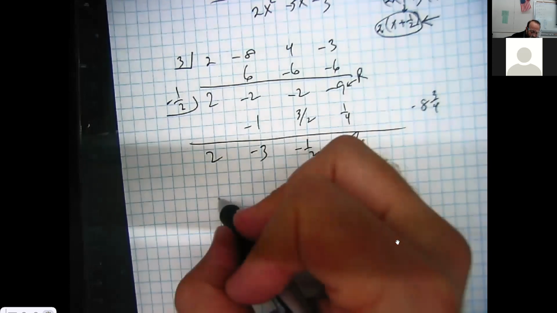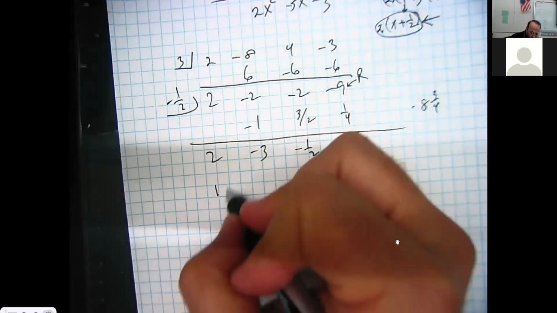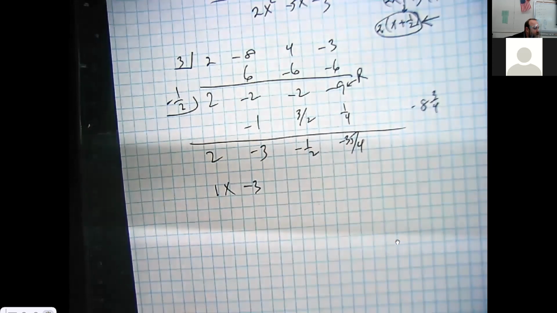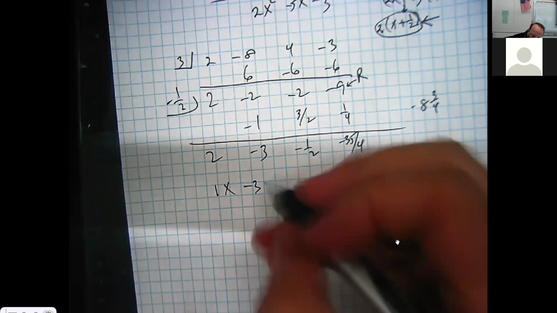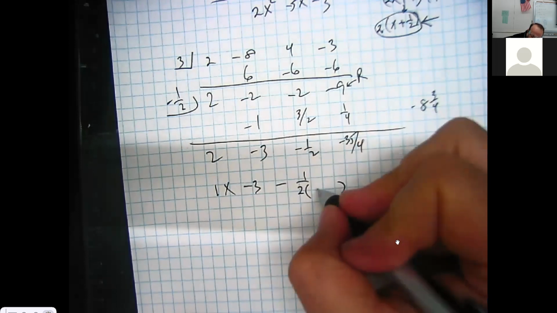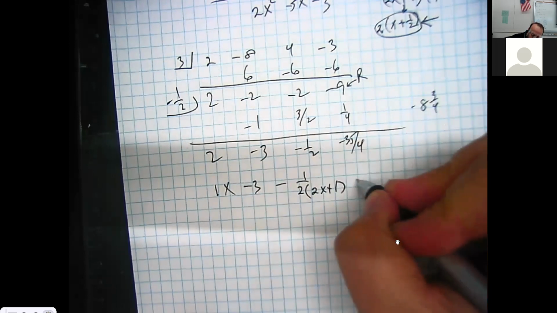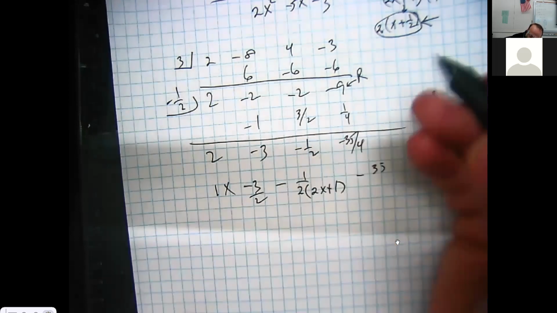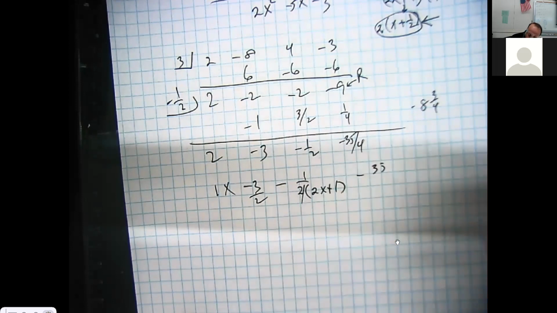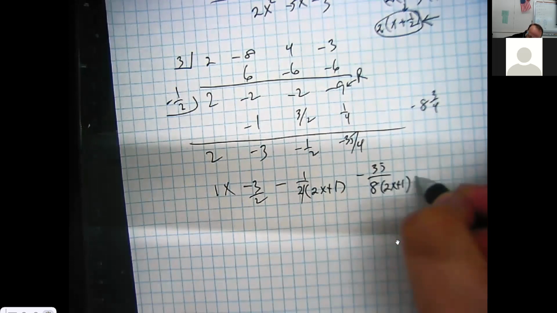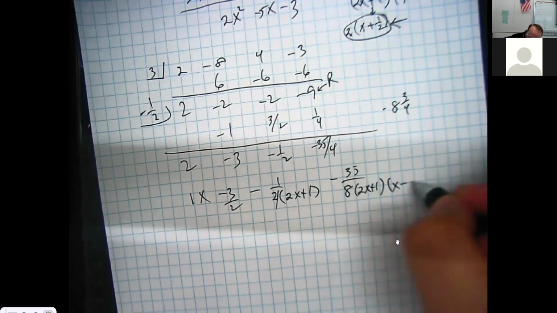So I actually have 1x. I have a minus 3, and then what are all of these little pieces right here? All those little pieces are my remainders. And so this one was being divided by 2x + 1, and this other remainder, which is negative 35, I should have divided by 2. Sorry, I forgot to divide that one by 2. And this last one, when I divide it by 2, it actually has the full 2x + 1 and the x - 3.